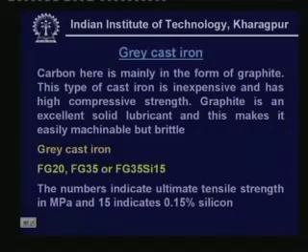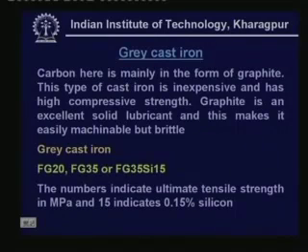So this type of grey cast iron is designated in the manner shown over here: FG20, FG35 or FG35 SI15. Well, these are not the only 3 varieties, it is just an example of how you designate a grey cast iron.